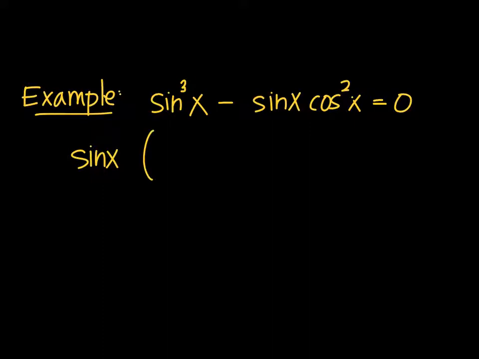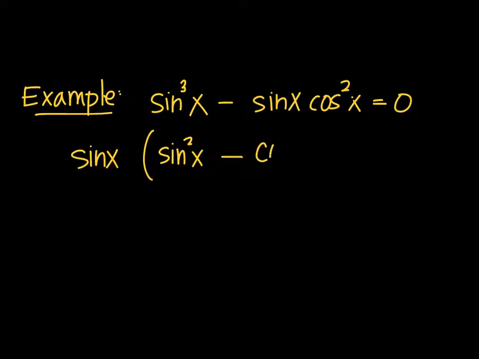from both parts. Now what's left in front of the subtraction sign? If I had a cube on the sine and I just took a single sine out, what am I left with? A sine with a square, but it still has an x. On the back end, what am I left with?